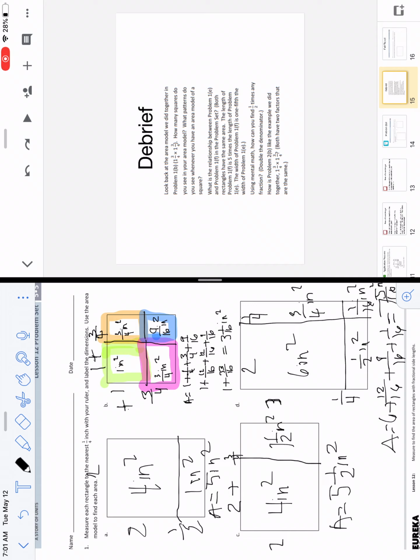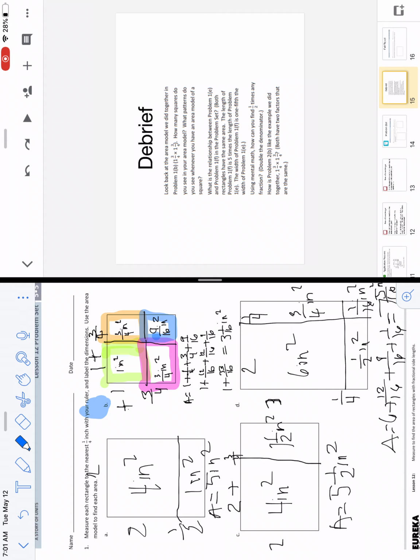All right, so debriefing today, looking back at the area model we did in 1B, this is 1B. This is our area model. How many squares were there? Good, 4, because we had 1 and 3/4 and 1 and 3/4.